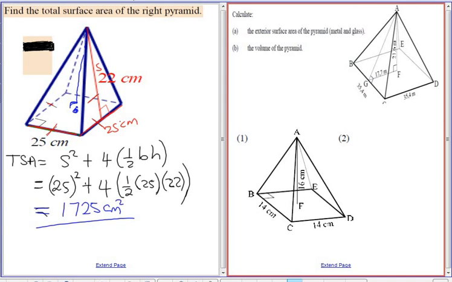There is something I want you to see now as we are answering this. We are not always going to be given the slant height, just like what you will notice on this question over here. Notice that this time around, the height for the triangles, which is this one over here, is not given to us.